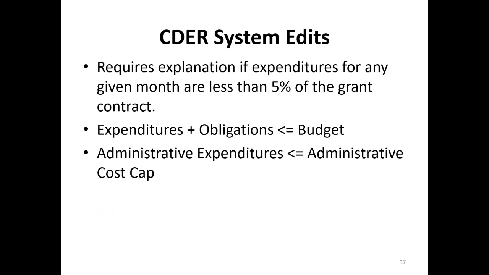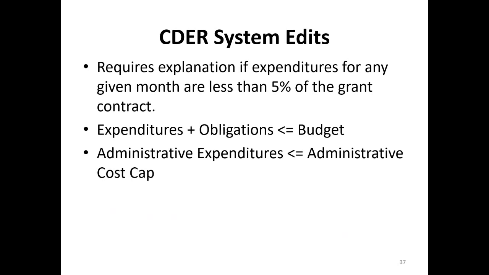It could be that you're in the second year of your contract and you're still spending older money, or there could be a number of reasons, but this is just to help us get a better understanding of why the expenditure levels may be lower.